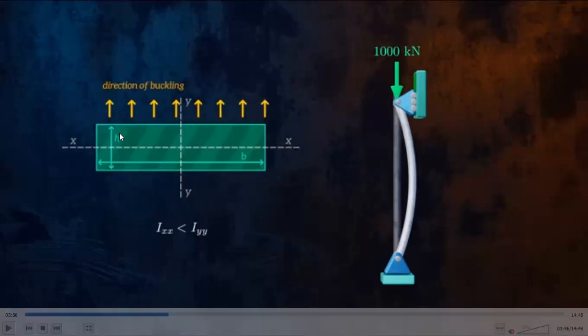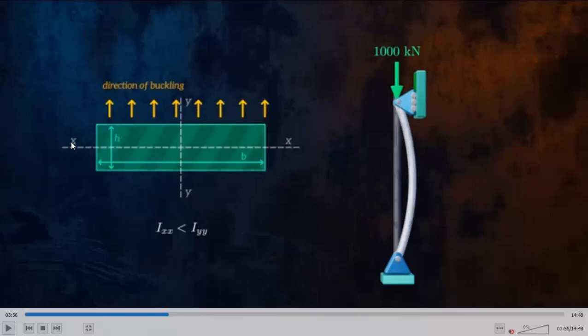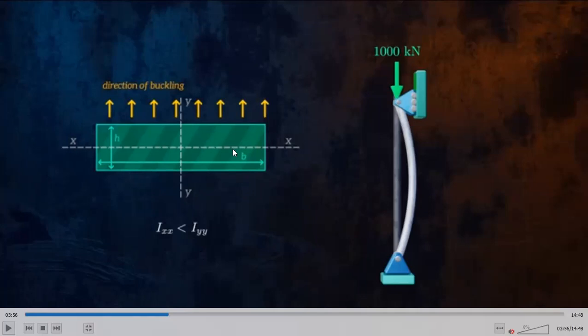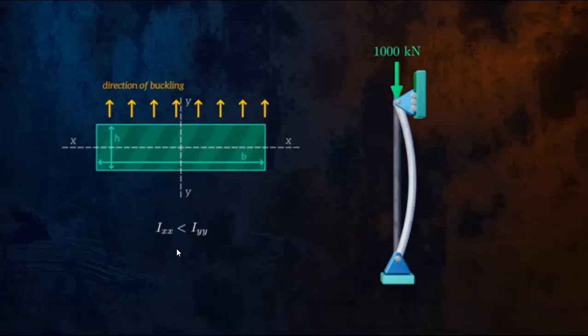So Ixx is bh cubed over 12. Along the y axis, that will be hb cubed over 12. So b is considerably larger than h, and Iyy is larger than Ixx.